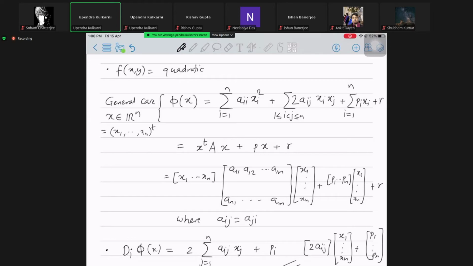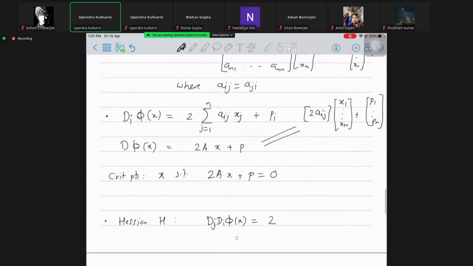But in exactly the same way, if I have to take d12, then when I first apply d2, only the terms that have x2 will survive. After that, I have to have a term that has an x1 in there. So the only thing that survives is the x1 x2 term, and its coefficient is a12, which is the same as a21.